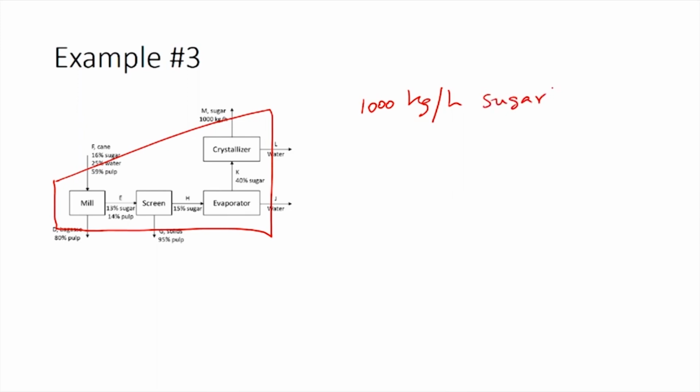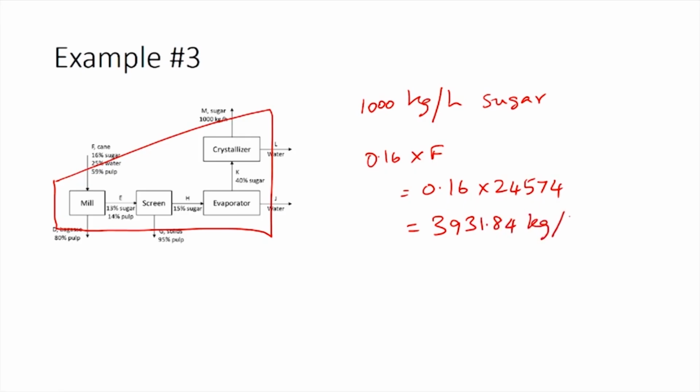The amount of sugar which is fed into the system through the stream F would be 0.16 times F, which is 0.16 times 24,574. This gives you a value of 3931.84 kilograms per hour.